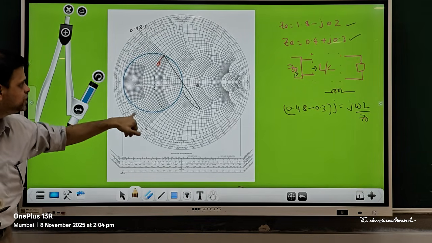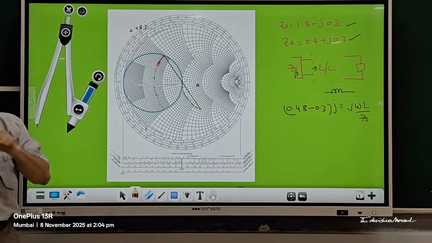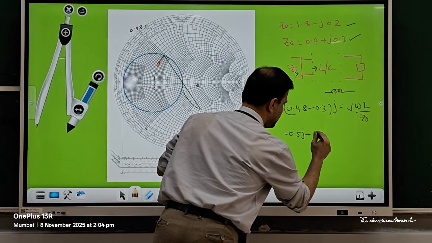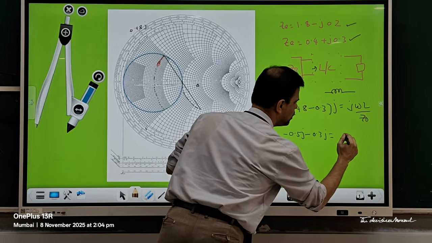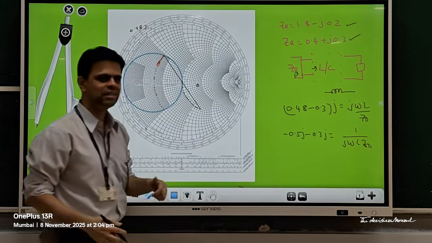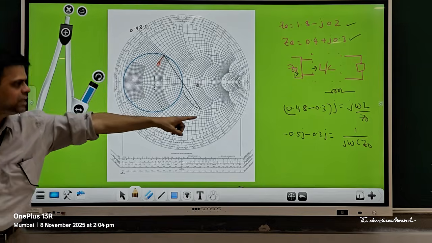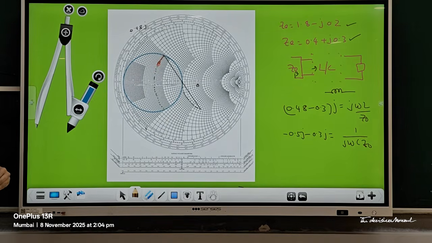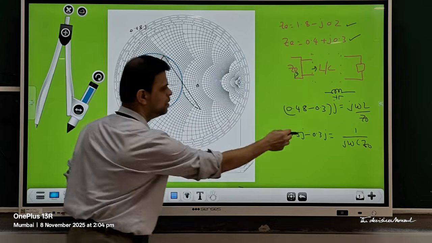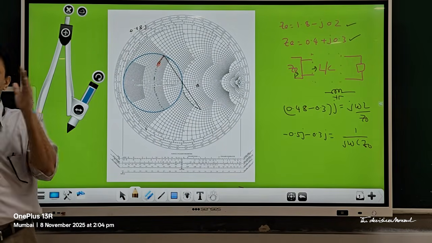So minus 0.5J minus 0.3J is equal to 1 upon J omega C Z naught, because it is a capacitive impedance. It is a capacitive value, so that's why it is equal to this. So if I add a series capacitor over here, I am going to have a value which is added like this. So note, you should be calculating the value like this.